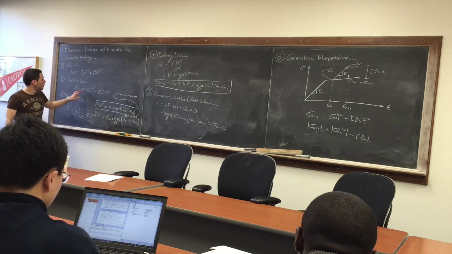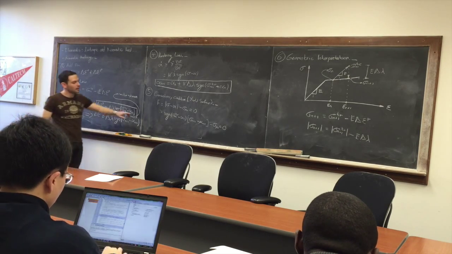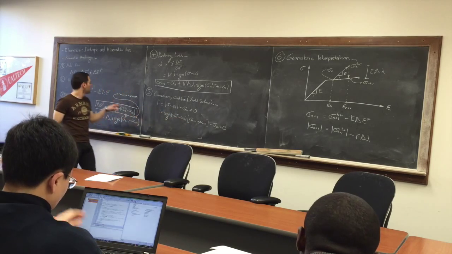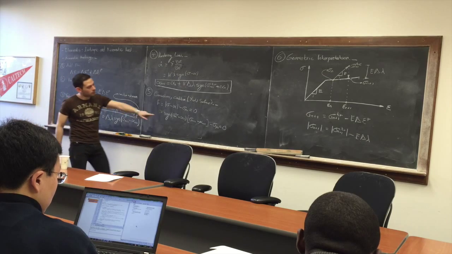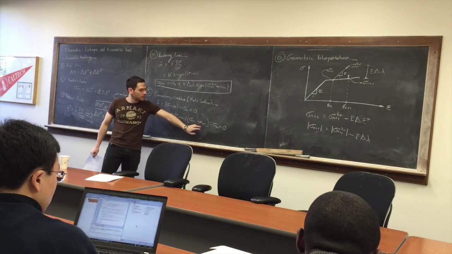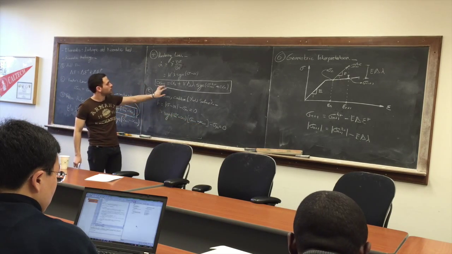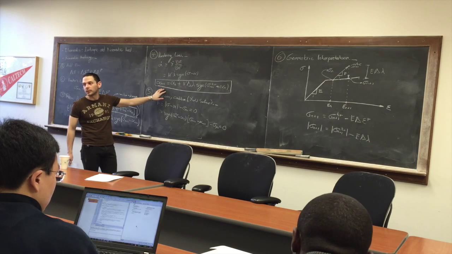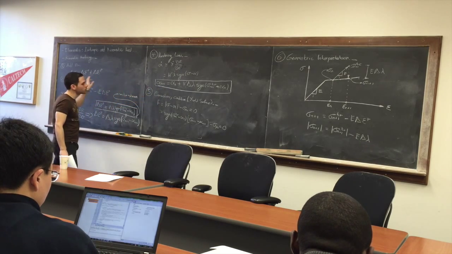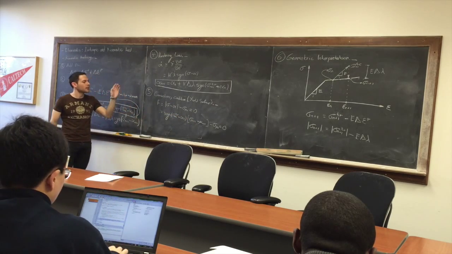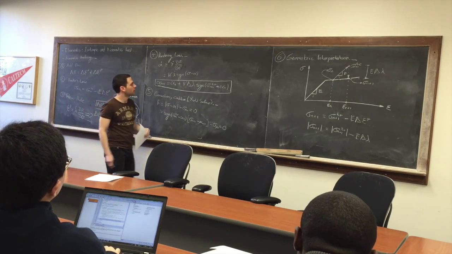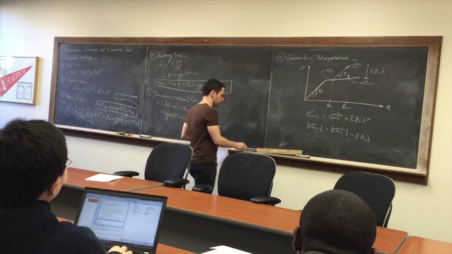Once again, we know these guys. We know this guy from Hooke's law here, and we know this term from here. So we replace those in this expression, collect terms, and isolate delta lambda again.